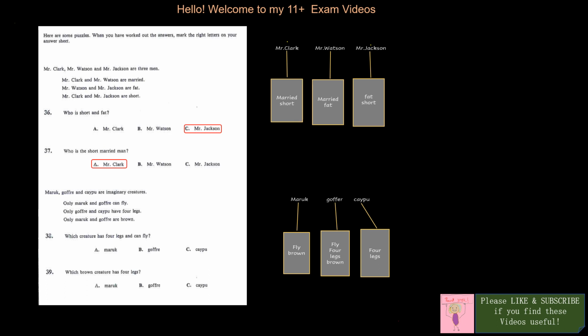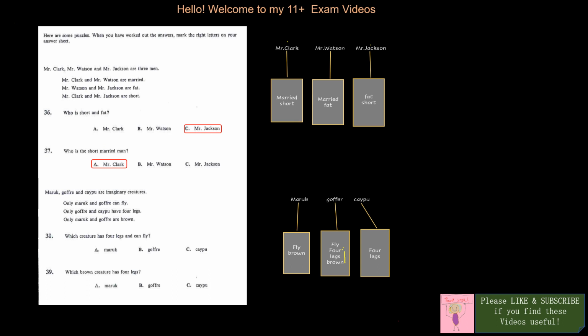Kepu is 4 legs. The question is which creature has 4 legs and can fly? So there's only one with 4 legs and can fly. He has 4 legs, right? And he can fly, so it's Gopher, or Goffrey.